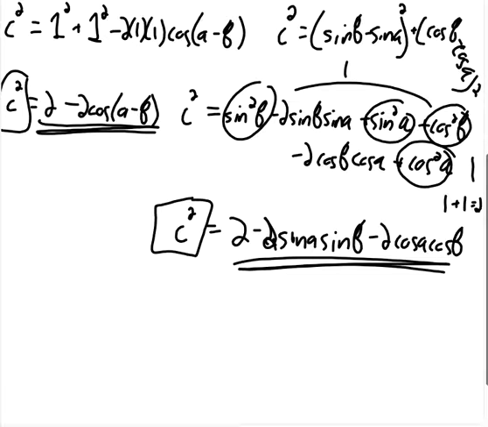And my last step is to set these two things equal. Again, my goal is to get cosine of alpha minus beta alone.